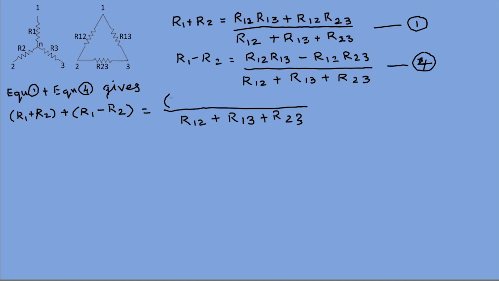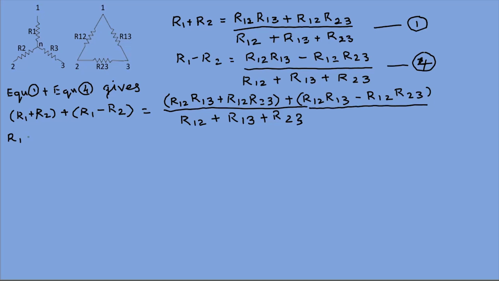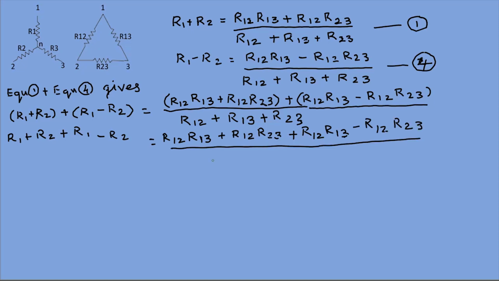And here it comes R12 R13 plus R12 R23 plus R12 R13 minus R12 R23. Removing brackets, R1 plus R2 plus R1 minus R2 is equal to R12 R13 plus R12 R23 plus R12 R13 minus R12 R23, the whole thing divided by R12 plus R13 plus R23.